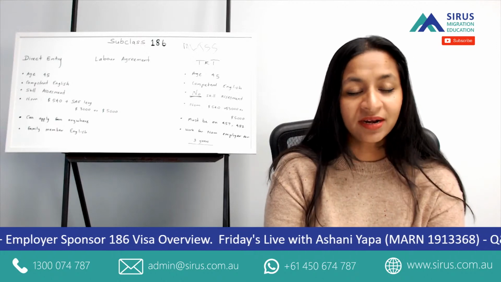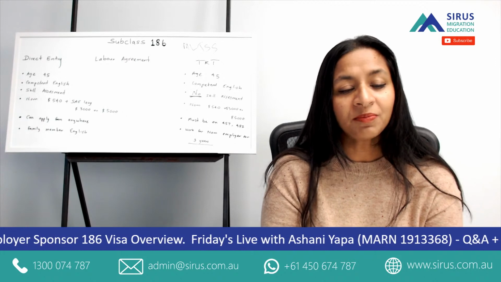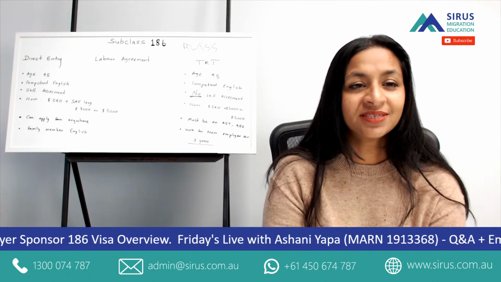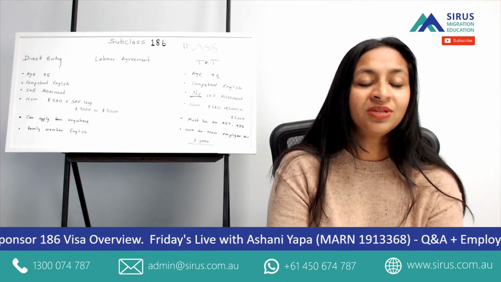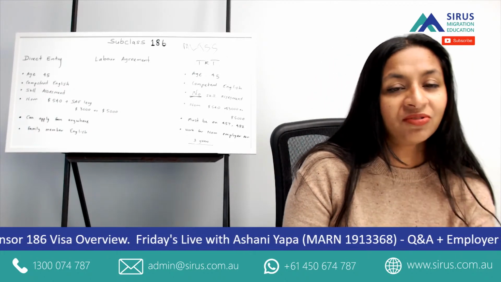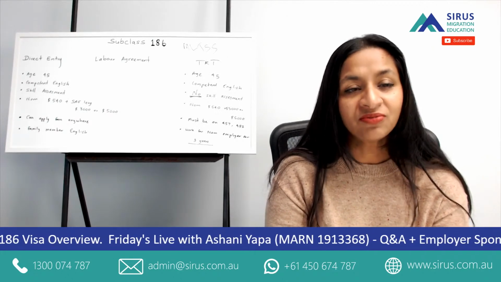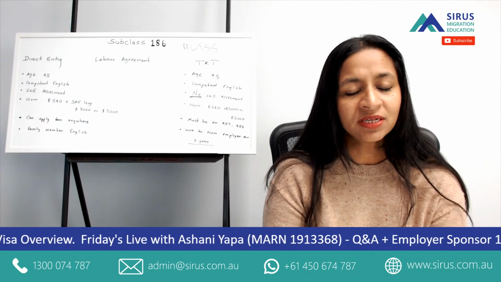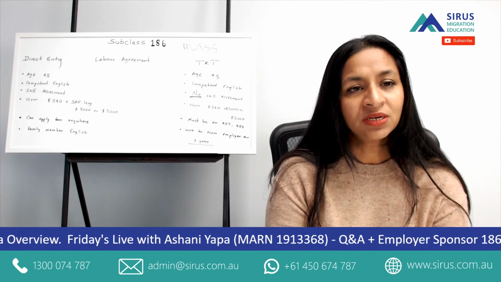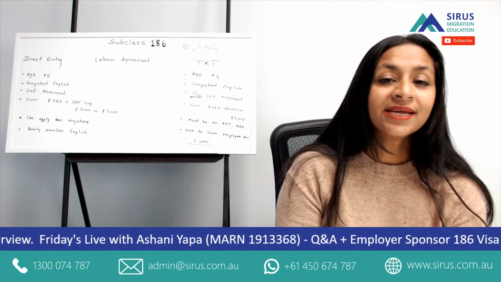So that is the current requirement, and there have been some proposed changes coming to this occupation list. So we are eagerly waiting to see how these lists are going to change, if they're going to consolidate them or if they're still going to exist. But as of now, if you want to apply for a visa under subclass 186, you must have an occupation in the MLTSS list.